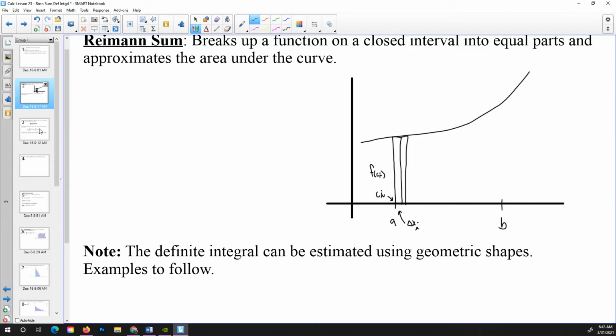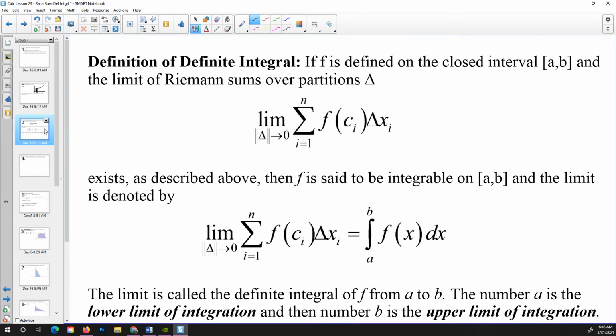Now, if you look at the definition of the definite integral: if f is defined on the closed interval from a to b, we take the limit of the Riemann sums over the partitions delta. So we're letting those partitions fall to zero. This here represents the height and this here represents the width. Each of these different c i's calculates different heights, and each of these calculates different widths.